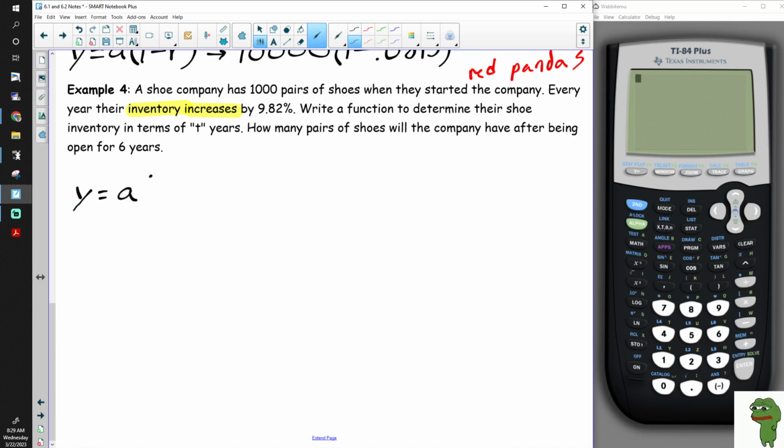Y equals A times 1 plus R to the power of T. How many pairs of shoes did we start with? 1,000 pairs. How much are we increasing by? 9.82% is our rate. And we want to know how many we will have after 6 years.